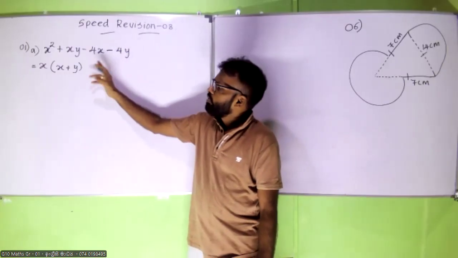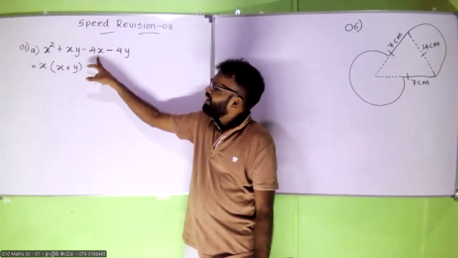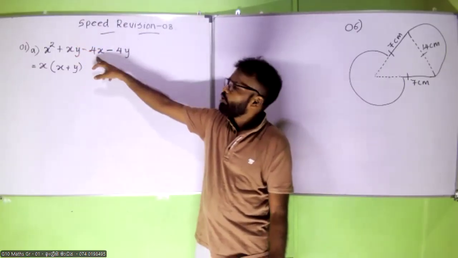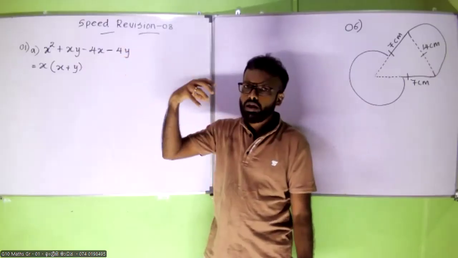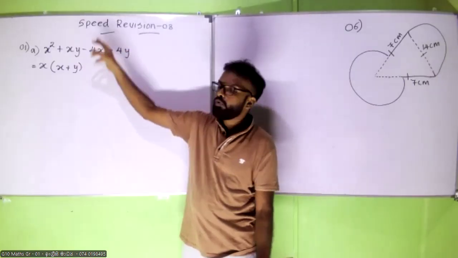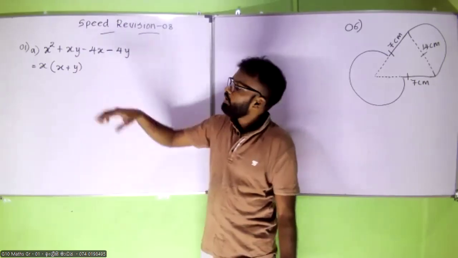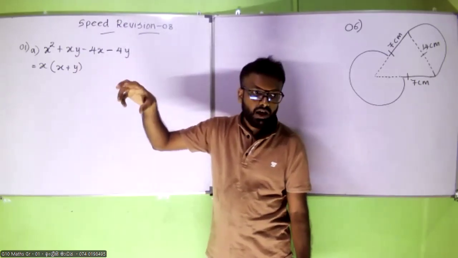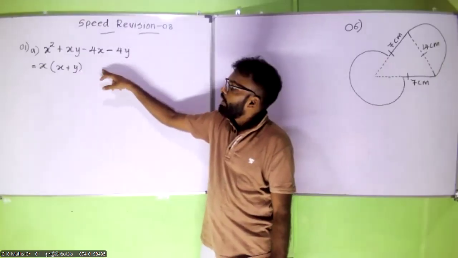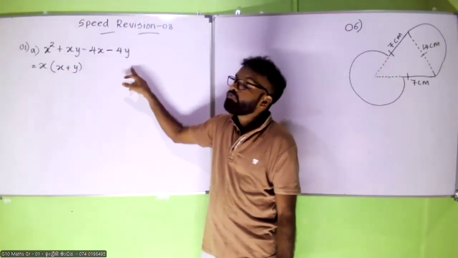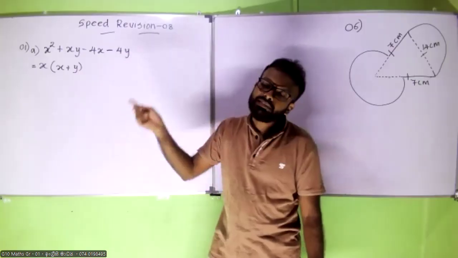If you take only positive 4 out, inside the brackets you will have minus x and minus y.